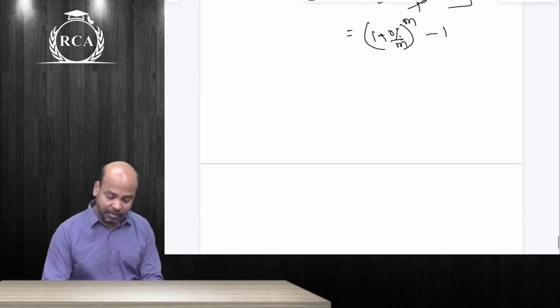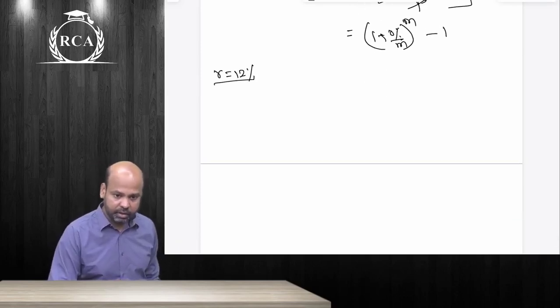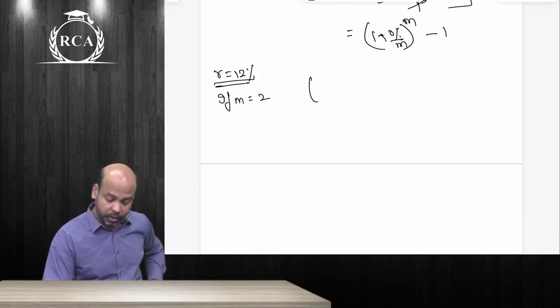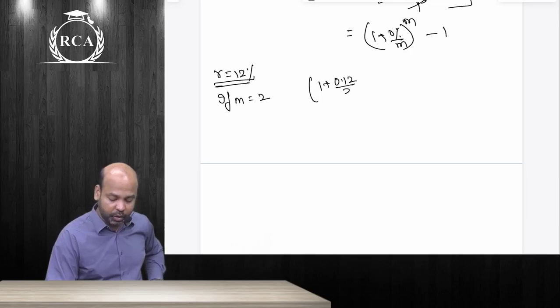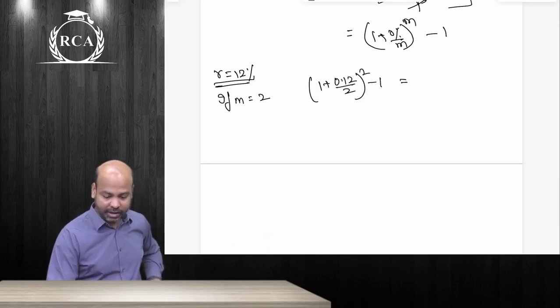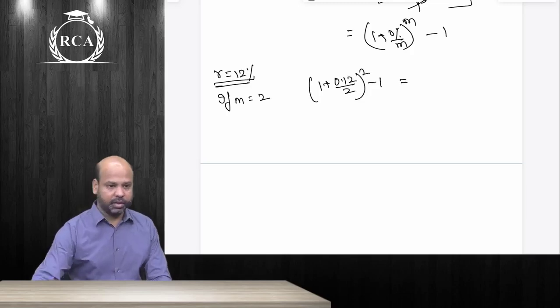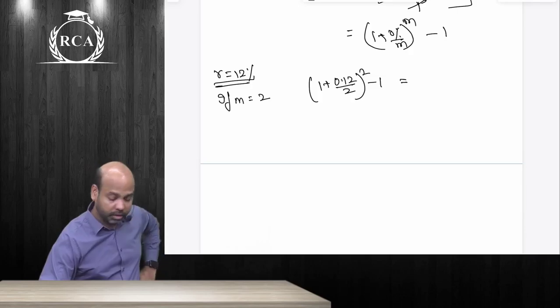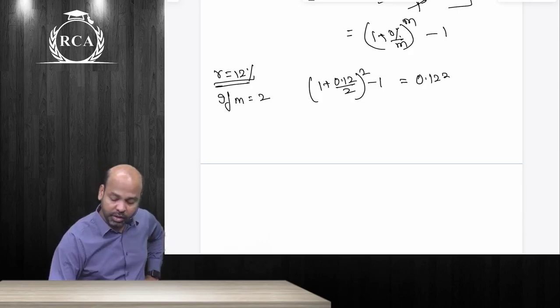Now in our example, R was 12%. If M is 2, that is compounding is done on a half yearly basis, what are we going to write here? (1 plus 12% by 2) whole power 2 minus 1. Do you have calculators? Calculate and tell me the amount, beta. You'll get 0.1236, that is nothing but 12.36%.